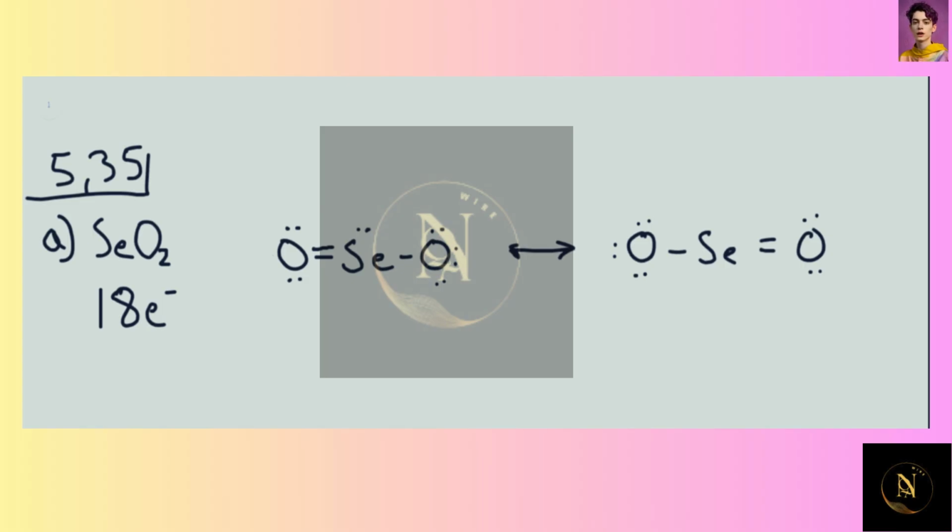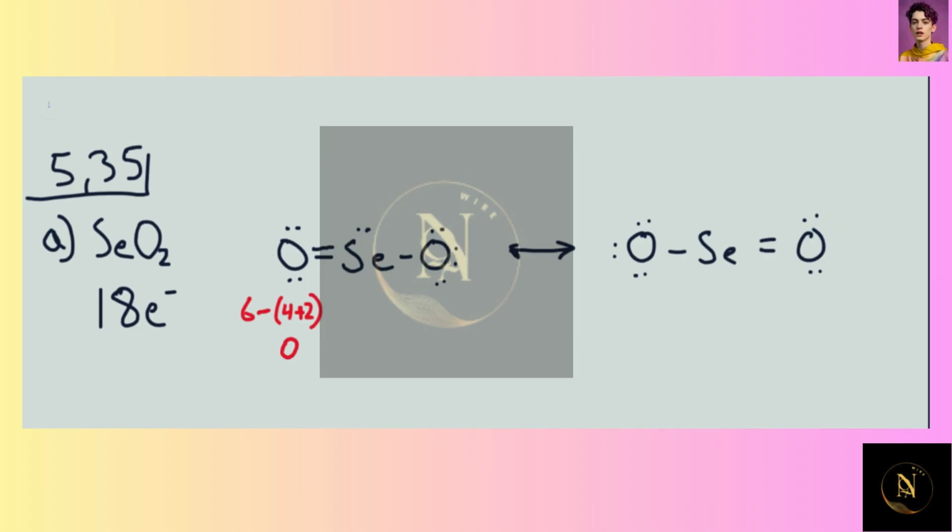So we can assign formal charge here by subtracting the valence electrons of the atom minus the number of electrons in the lone pairs and the number of bonds. So for oxygen, here it would be 6 minus 4 for the electrons in the lone pairs, and 2 for the bonds, which gives us a formal charge of 0.